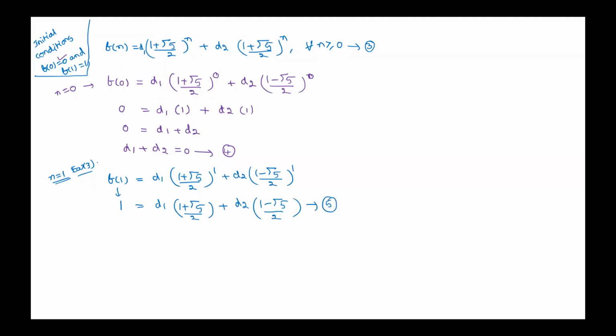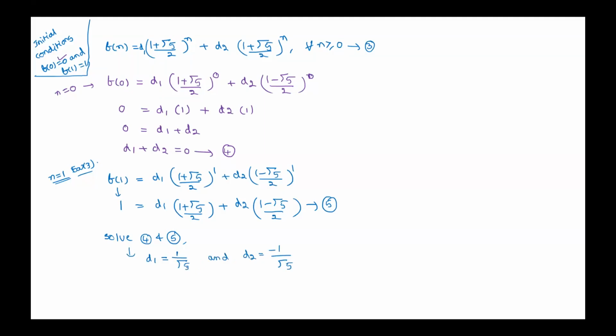We have two equations and two unknowns. Is it possible to solve for d1 and d2? Solve 4 and 5. Then what do we get? I'm not going to do it here. D1 we get as 1 by root 5 and d2 as minus 1 by root 5.